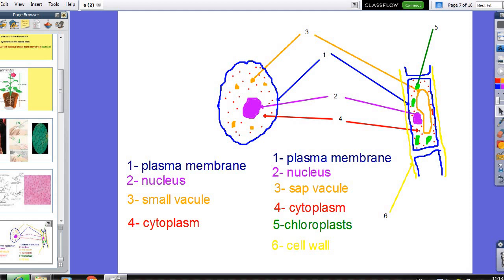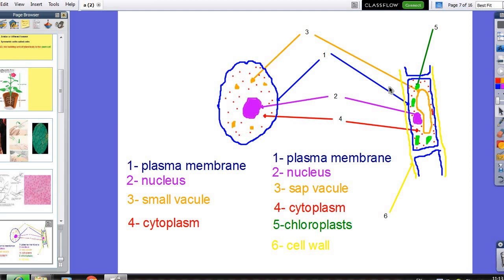Then I will talk about the structure of animal cell and plant cell. Here we have the animal cell, and here we have a plant cell. I put the similar labels with the same color. I will go from outside to inside. The label number 1 in blue color is called the plasma membrane.